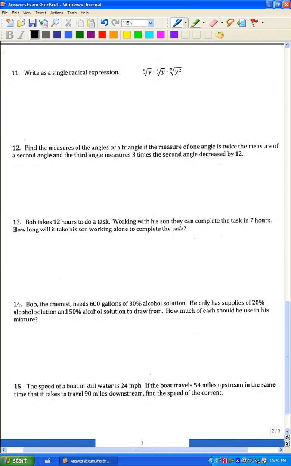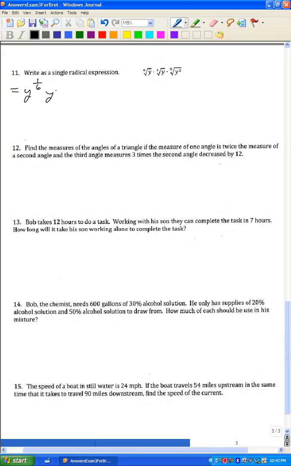And so I want to write that as a single radical. The sixth root of y, write that as y to the 1 over 6. The cube root of y, write that as y to the 1/3. The fifth root of y squared is just y to the 2/5.